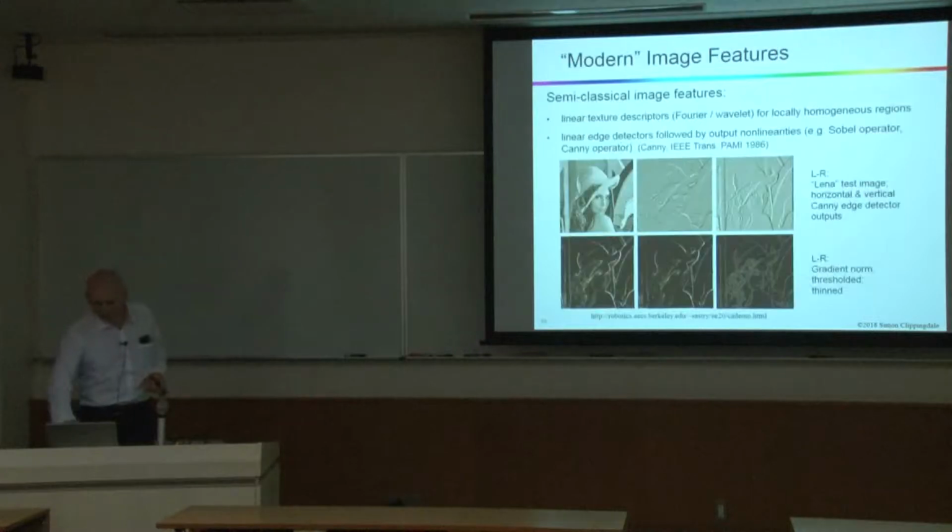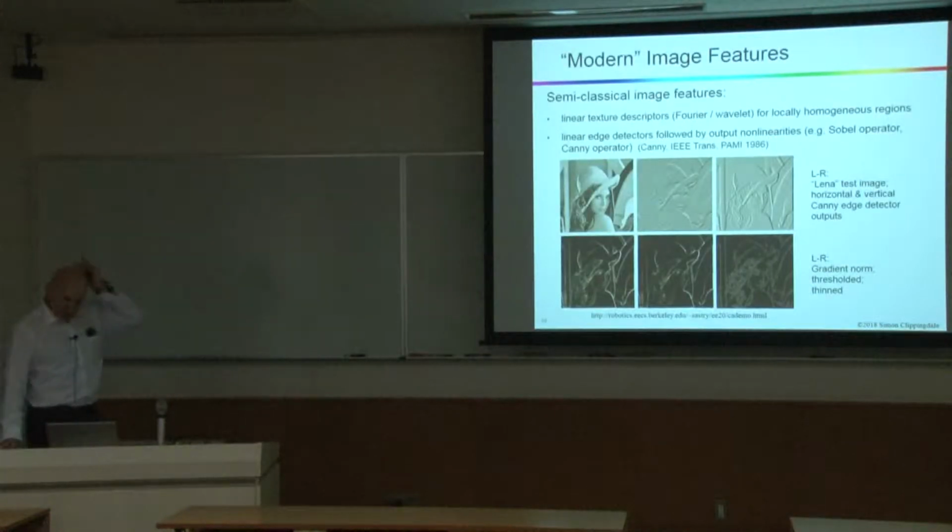So I just want to say a little bit at this point about image features. What features do people actually typically use to extract from images for image recognition? As a caveat, people have spent their entire careers designing better and better image features.